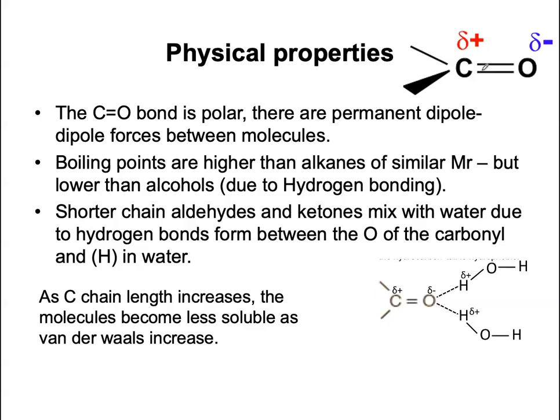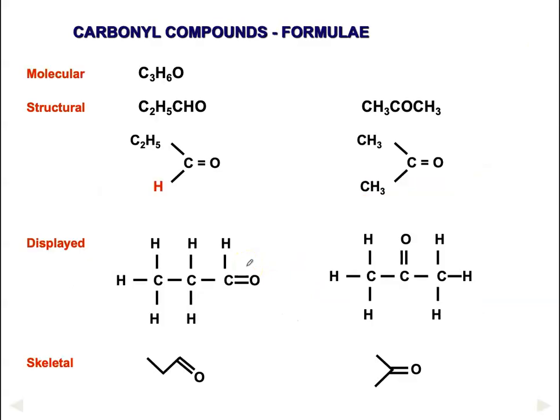In terms of quickly physical properties, they have higher boiling points than alkanes of corresponding Mr or similar Mr due to hydrogen bonding. And please remember, with all organics that are soluble in water, their solubility will decrease as the size of the carbon chain length increases, because van der Waals forces are getting bigger.